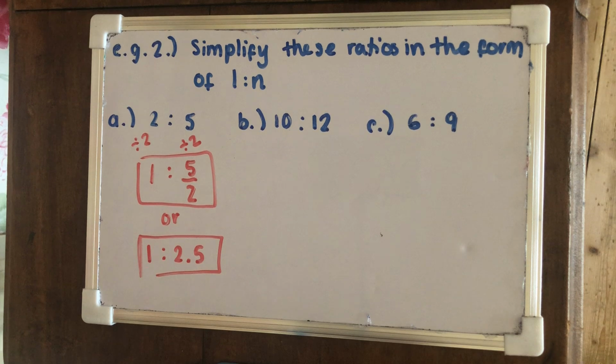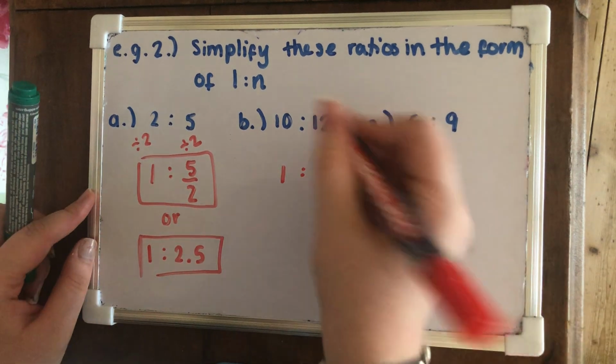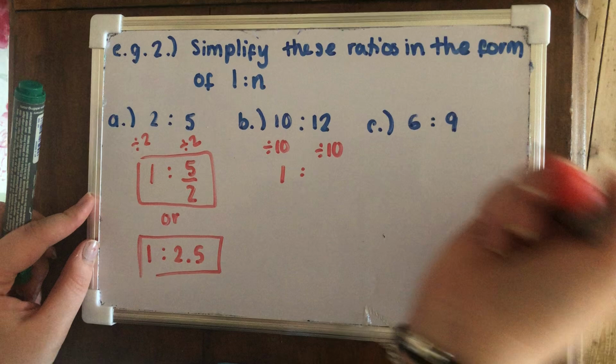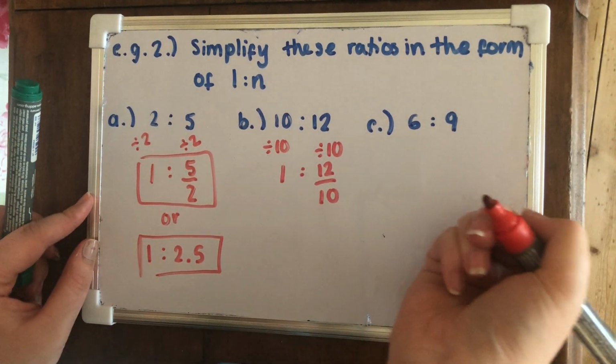Now there will be some decimals that might be like a third. You want to leave it as a fraction because that as a decimal would be 0.3 recurring, which isn't very nice to write down. Okay, so the next one, again, I want the 1 to be on the left hand side, so I need to divide 10 by 10, which means I need to divide this by 10 as well, which gives me 12 divided by 10.